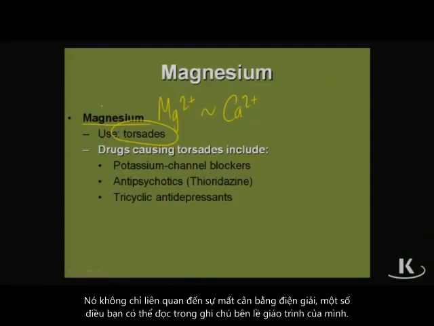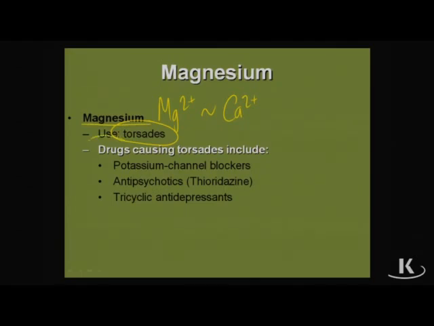Now, if we think of torsade, that life-threatening ventricular arrhythmia, it is not only associated with electrolyte imbalances, some of which you can read in your notes in the margin of your syllabus, but also with drugs. And the primary fact of a torsade is to maintain cells depolarized.